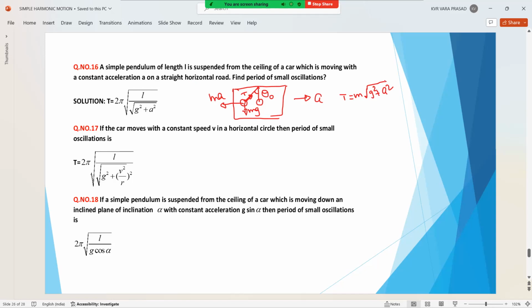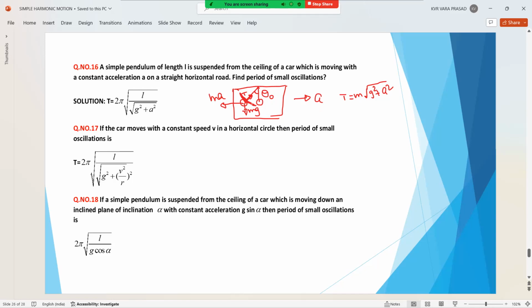Now we can see oscillations are always about the mean position. In this problem, the pendulum oscillates about this position like this. I am showing oscillations about this point. This is a new equilibrium position.